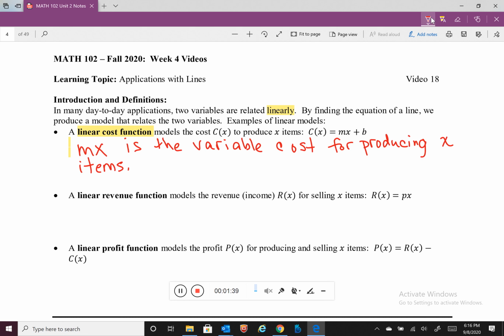And then b is the fixed cost for producing X items.